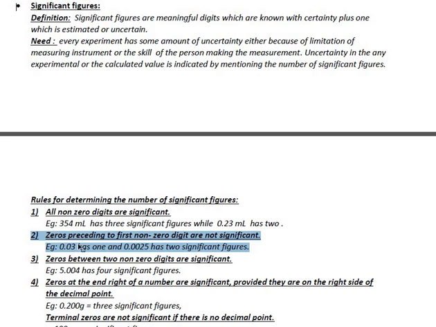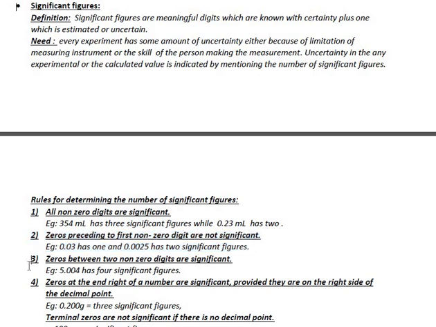So the non-zero digit over here is 3 and the zeros preceding this number are not significant. Similarly, the first non-zero digit over here is 2 and the zeros preceding this non-zero digit are not significant. So 0.03 has only one significant figure and 0.0025 has 2 significant figures.